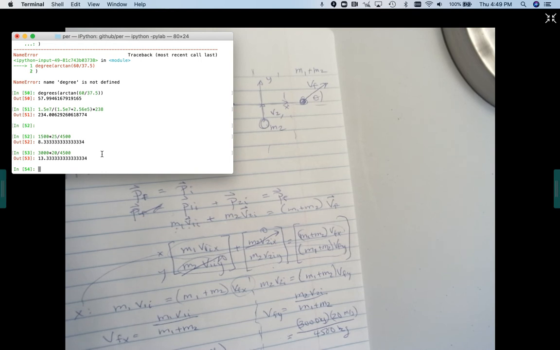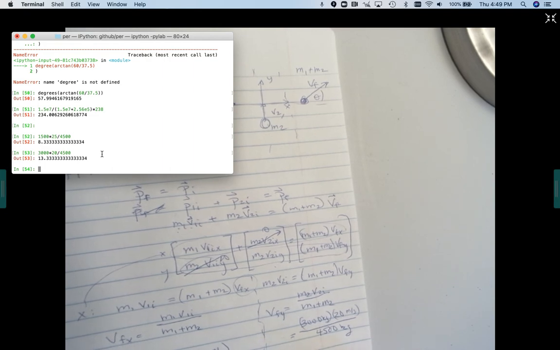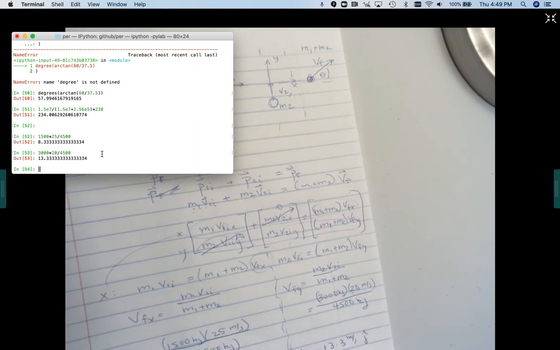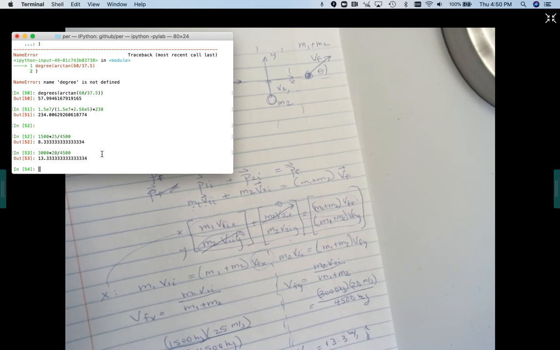So v final y equals 13.3 meters per second. Okay. And so if we want to write what our v final is in column vector notation, right, it's 8.33 meters per second in the x and 13.3 meters per second in the y.